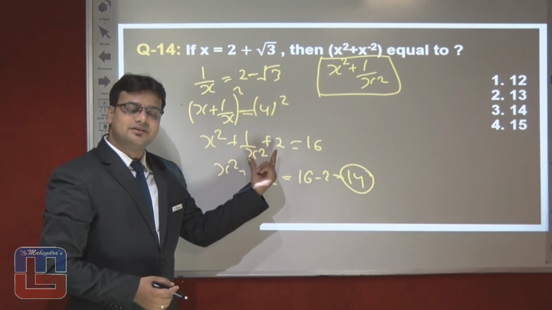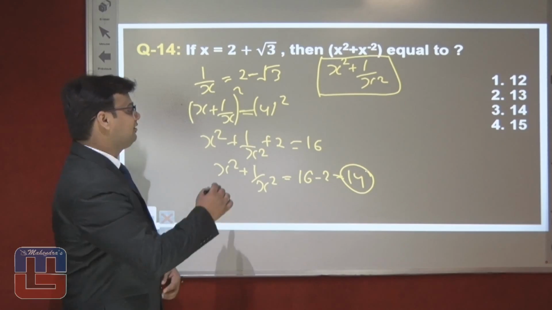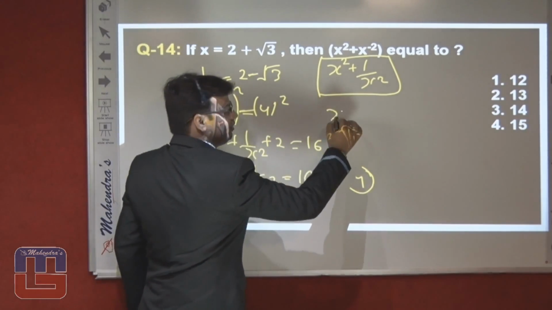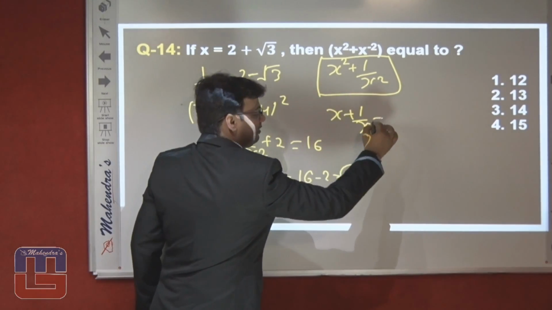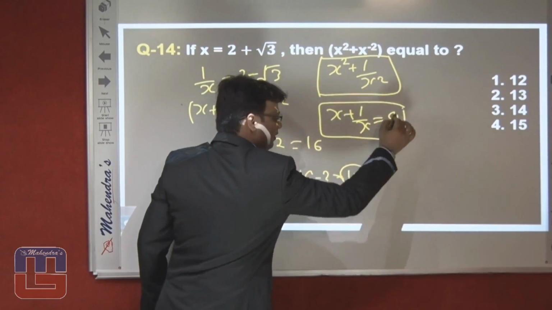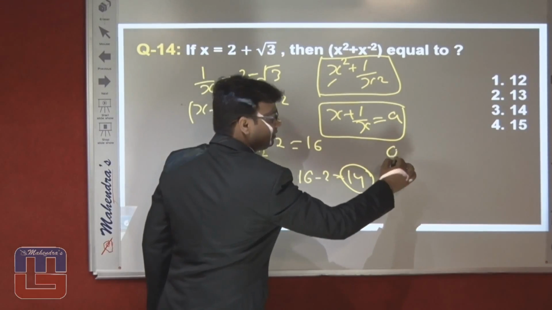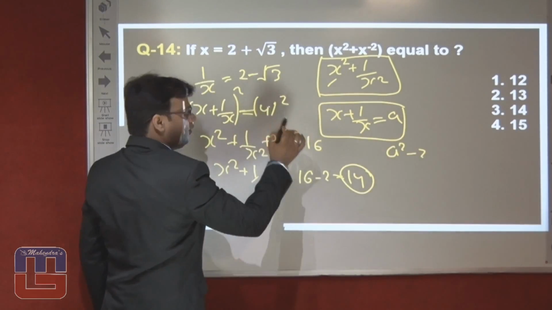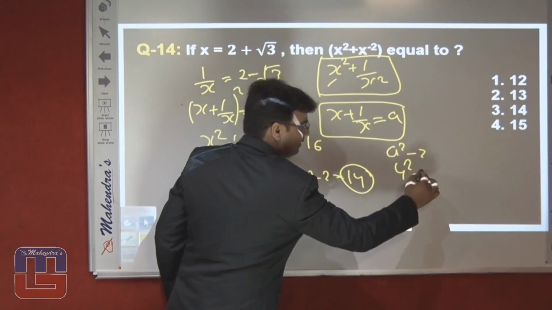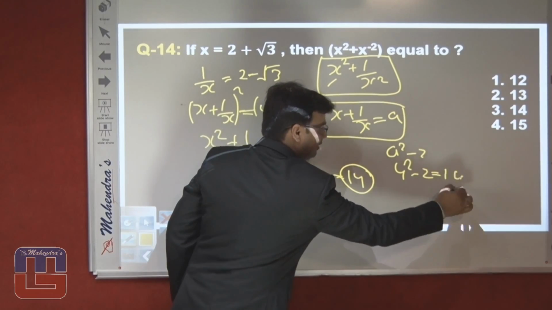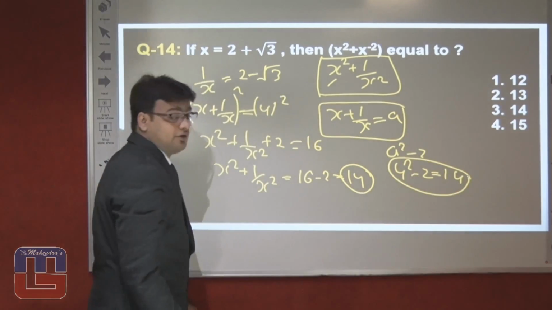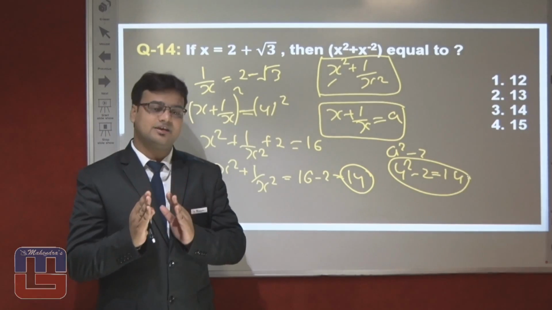If you apply it that way, it's a time-taking process. So always remember this thing. If any question gives x plus 1 by x is equal to, suppose, a, and we require the square value, then we directly use a square minus 2. That means 4 square minus 2, that means 14. Remember this, because this type of question is mostly asked in such exams.